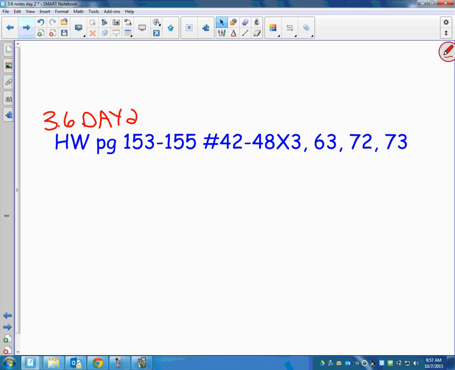Check the back of the book, and if they write it in slope-intercept form, you write it in slope-intercept form. That's the kind of stuff I want you to start doing. Then 63 gets us into good old velocity again, and 72 and 73 are some multiple choice. Notice on the multiple choice, they always tell you whether or not you can use a calculator, and it says no calculator. So those are good practice.